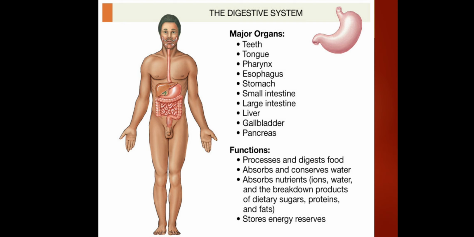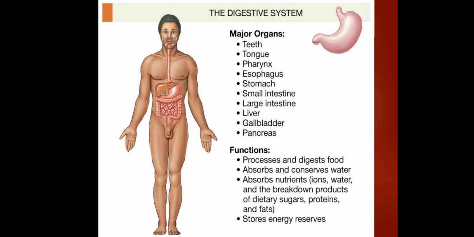What are the major functions of the digestive system? It processes and digests food. Of course, since it is the digestive system, it focuses on digestion. It absorbs and conserves water. It absorbs nutrients, ions, water, and the breakdown products of dietary sugar, protein, and fats. And lastly, it stores energy reserves.